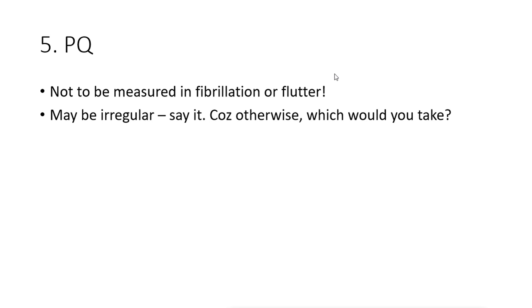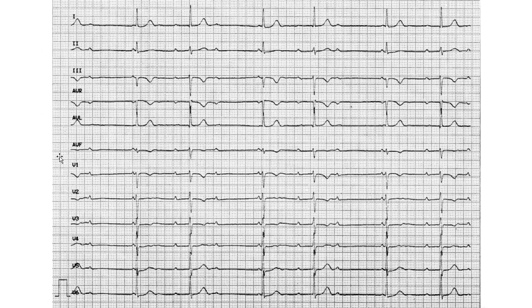You don't say the PQ interval is 0.20 and 0.12. It doesn't work that way. If it's two different PQ intervals, you gotta mention it, okay? And there's a specific disease associated with this.